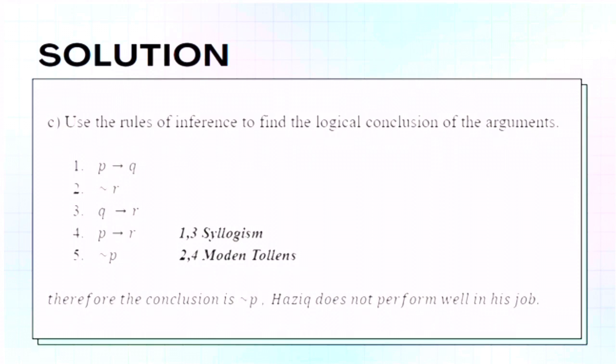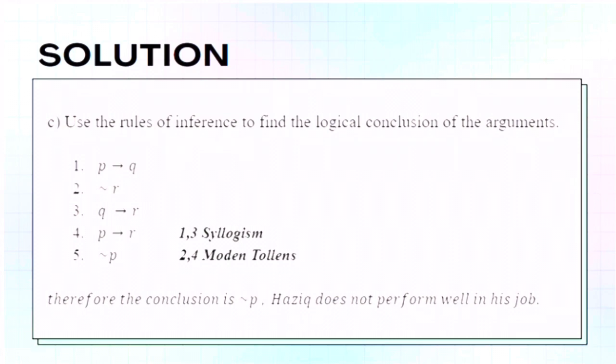Once you get that done, we are left with number 2 and number 4, which are not R and P to R. For this, we can use modus tollens as the law to simplify it. So we create a new statement, number 5, and put the numbers 2 and 4, then the name of the law, modus tollens.